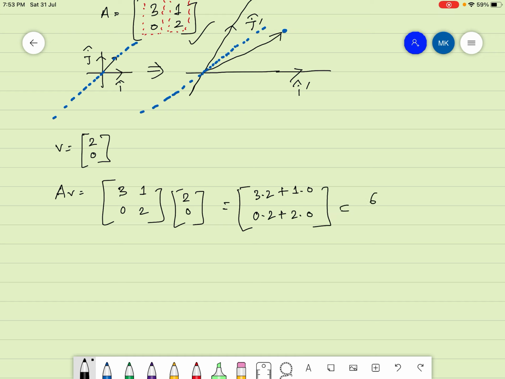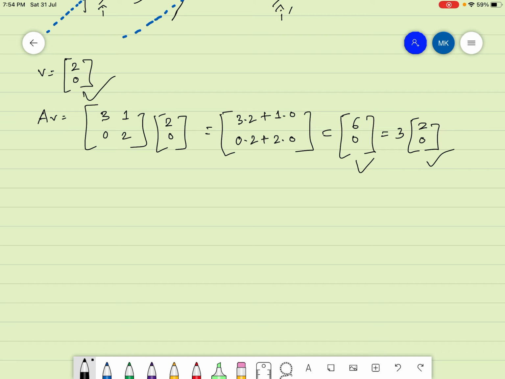So we'll get 6 0, and it will be basically 3 times the first vector. So as you can see, it hasn't changed the span, right? It is remaining on its original span. So this is just a multiplication, and it has not deviated from the span. Okay, so it only gets stretched on the x-axis.